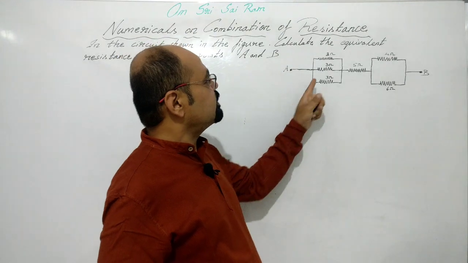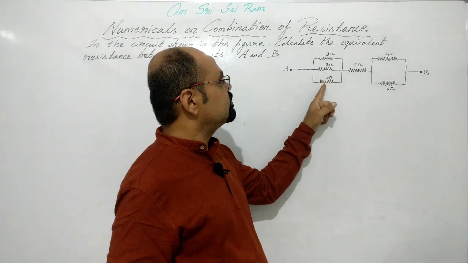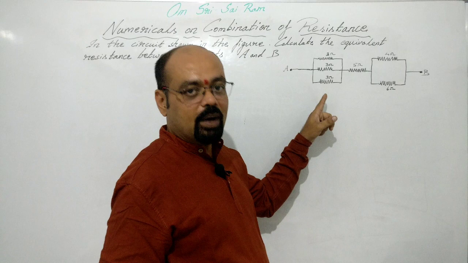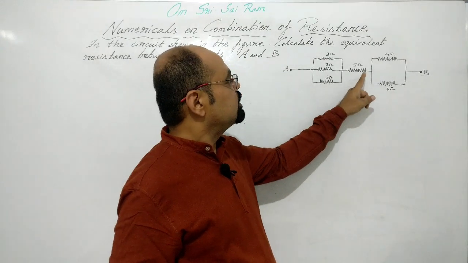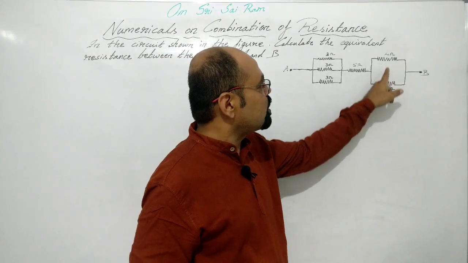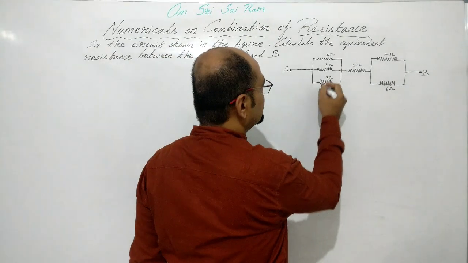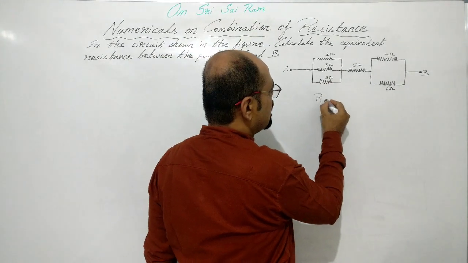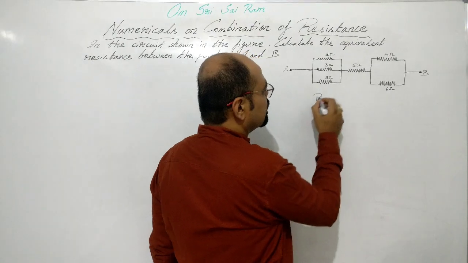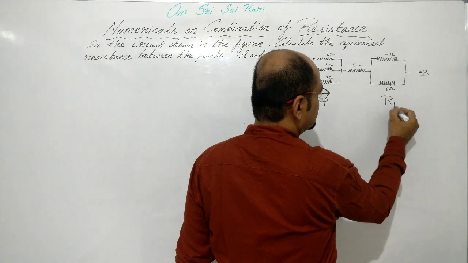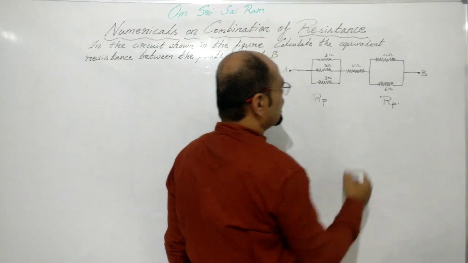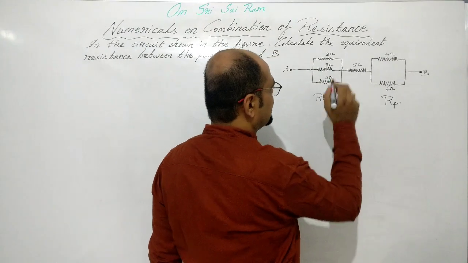Now we know that these 3 resistors are connected in parallel connection, and these 2 resistors are also connected in parallel connection. So let's take this as RP and this as RP dash, because it's in parallel connection, and this is series connection.